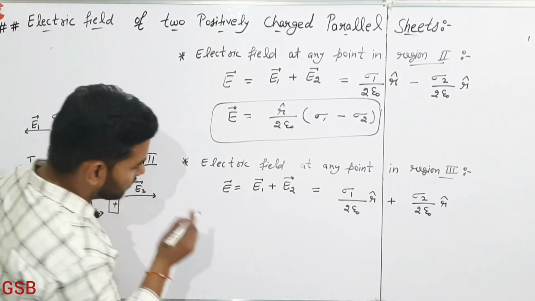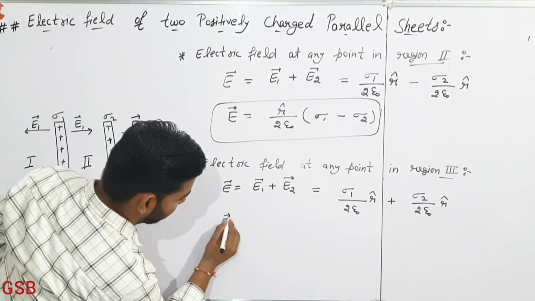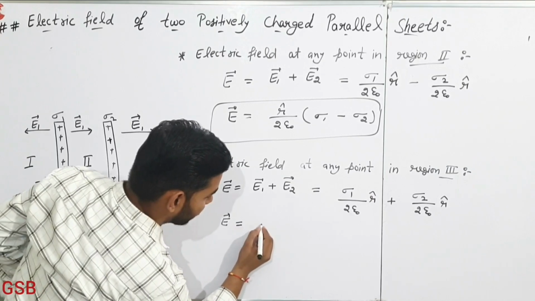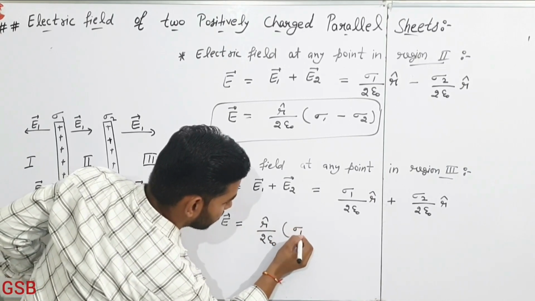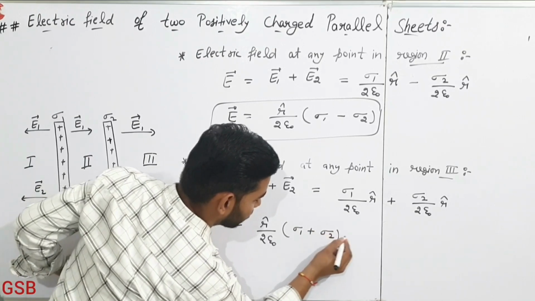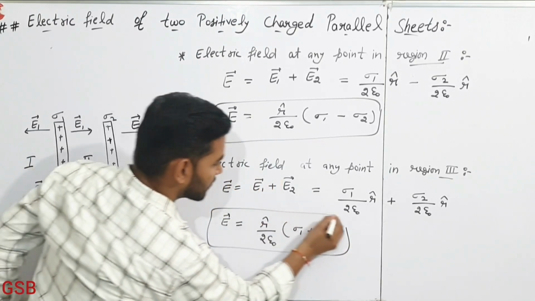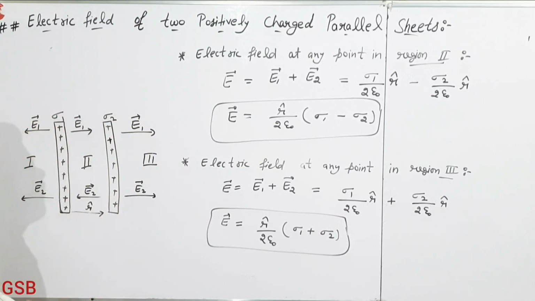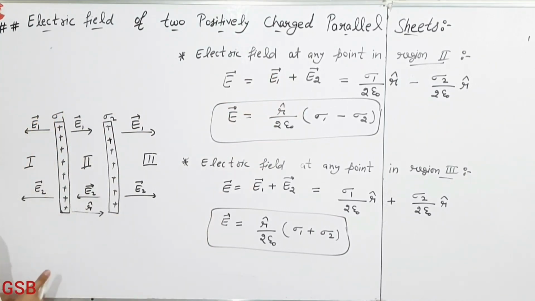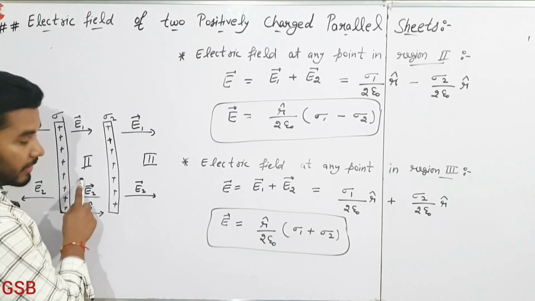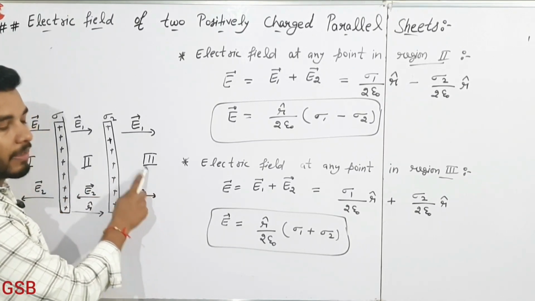So the total resultant electric field in region third is given as R cap by 2 epsilon naught times sigma 1 plus sigma 2. So these are the basic results for positively charged parallel sheets: electric field in region first, electric field in region second, electric field in region third.